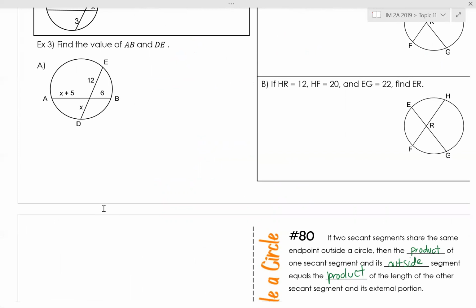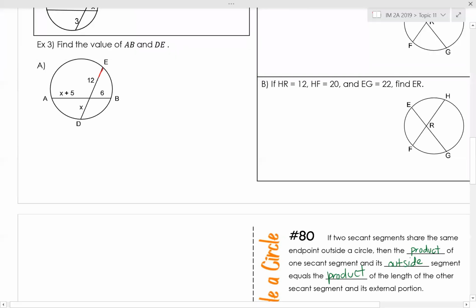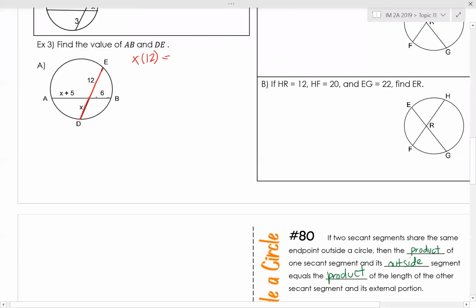For example 3, we have a little bit more complicated situation because we have an X on each part. So that means that the algebra will be a little bit longer. I'm still looking at taking one chord. So I have X times 12, and setting that equal to the parts of the other chord, which in this case I have 6 times X plus 5.